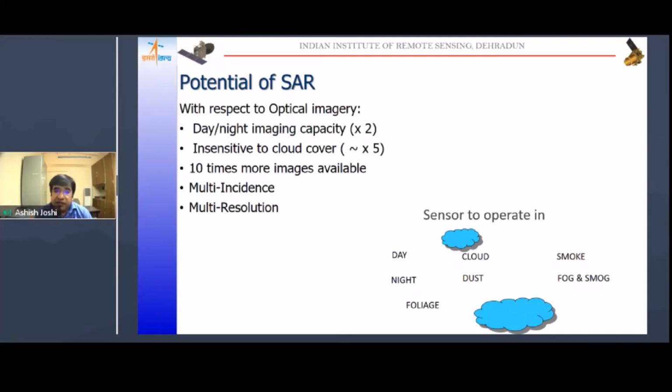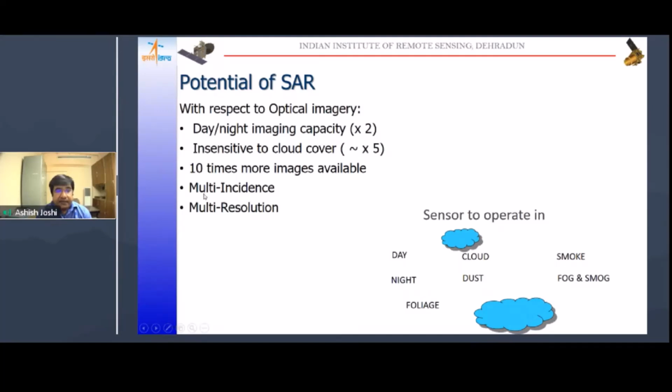At that time we will use the SAR satellite for flood mapping. With day-night imaging we are getting the data twice, and because it is insensitive to cloud cover, it has 5 times the capability of imaging. So in total it is 10 times more images available.